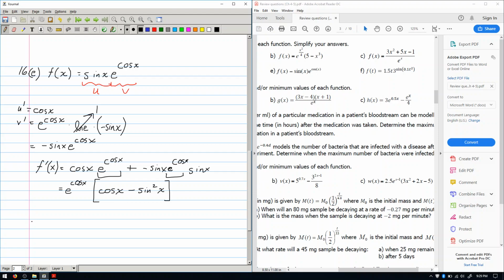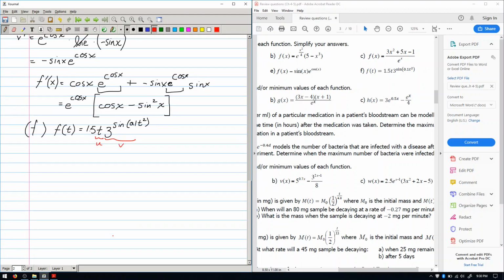So that's 16e. While we're at it, let's do 16f. Why not? So what do I get? f of t equals 1.5 t 3 to the sine of 0.1 t squared. Well, I can leave the 1.5 alone. I'm going to call this u, and I'm going to call this v.